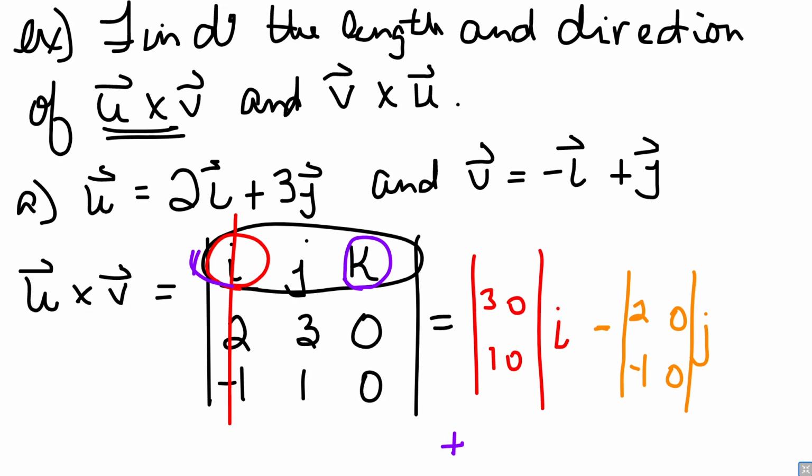So we're going to do plus, and we're going to have K, and then this determinant that's formed. So for the determinant, what values do we have? Starting on the first row, on the left, the first number is going to be what? 2. The next number is what? 3. All right, second row, first number is going to be what? -1. And then the final one is going to be what? 1. Okay.